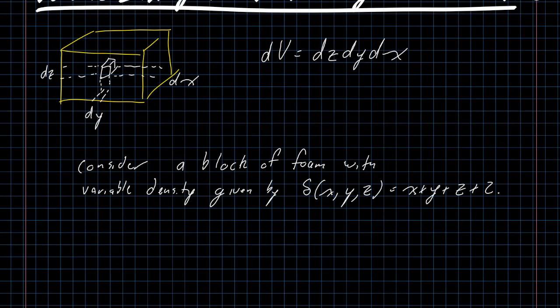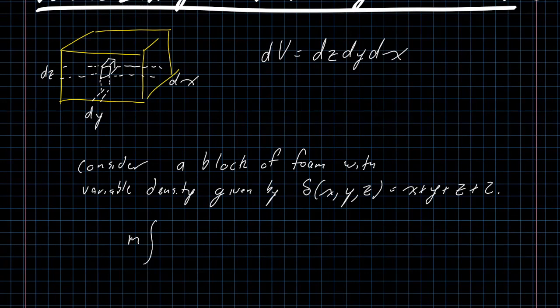So let's consider a block of foam with variable density given by delta of x, y, and z equals x plus y plus z plus 2. Well, the mass of this block is going to be, in general, mass is volume times density.